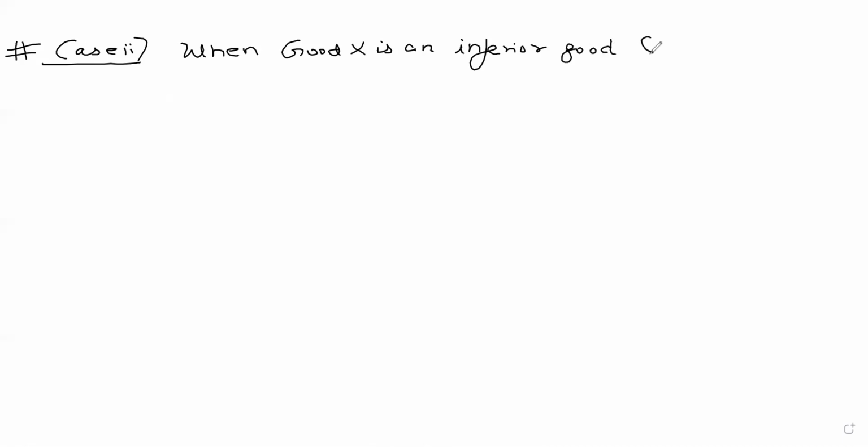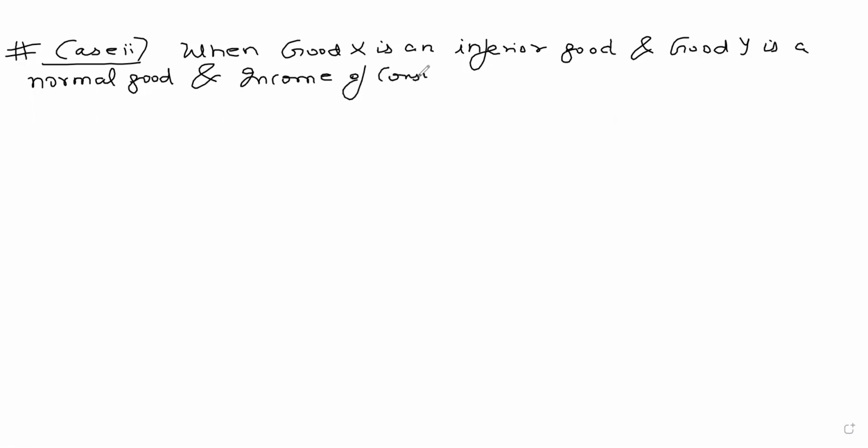Case 2, when good X is an inferior good and good Y is a normal good, and the income of the consumer goes up from M to M dash.